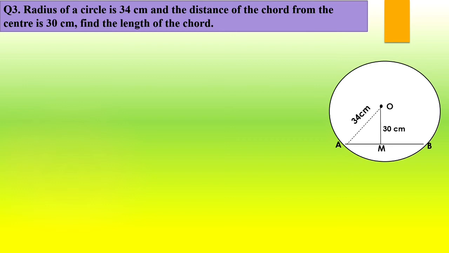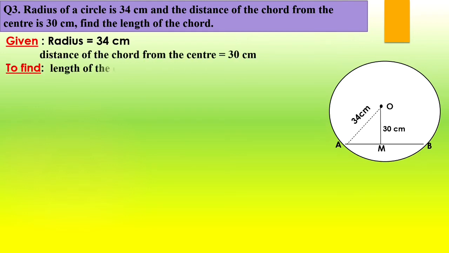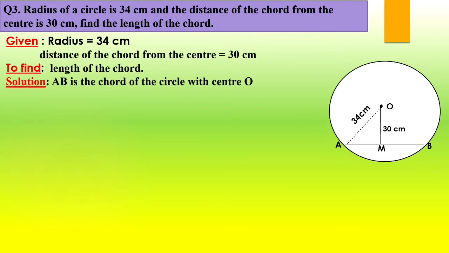So here we have the radius AO 34 centimeter and distance between center and chord is 30 centimeter. Here we have to find the length of the chord. So first of all we will write the given information and to find out the solution. AB is the chord of the circle with the center O. So segment OM is perpendicular to segment AB.